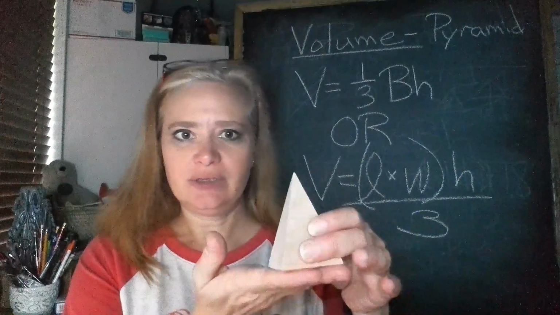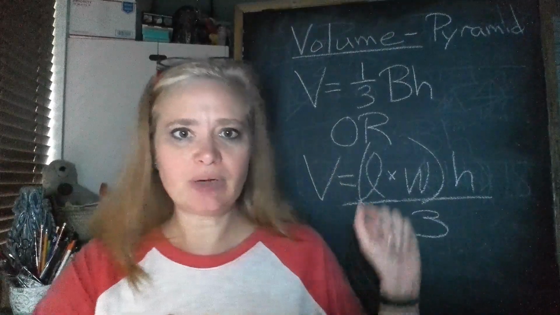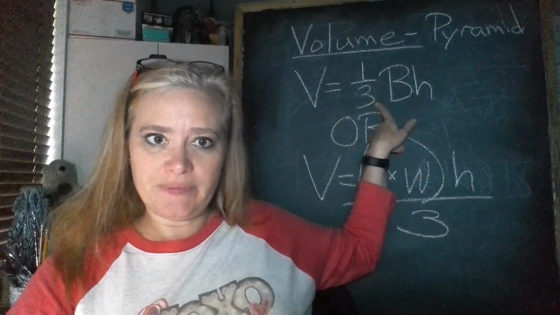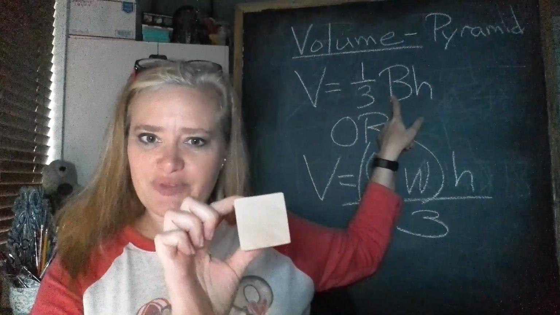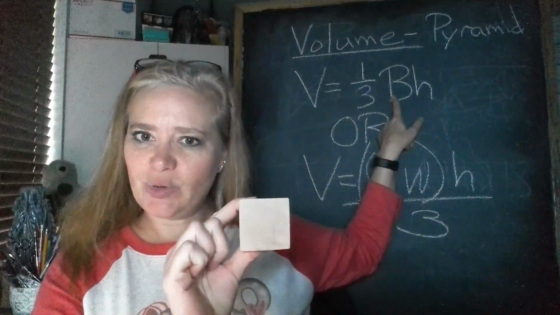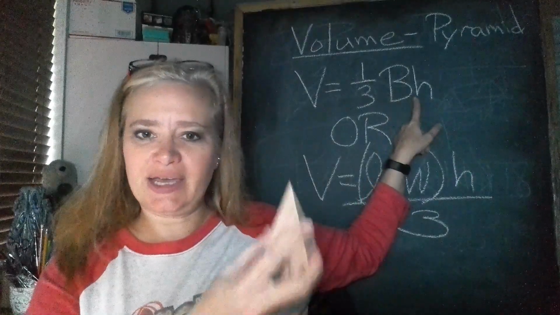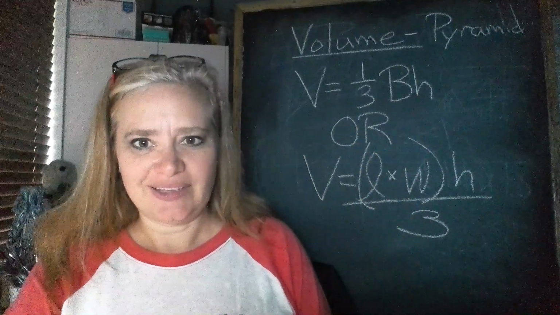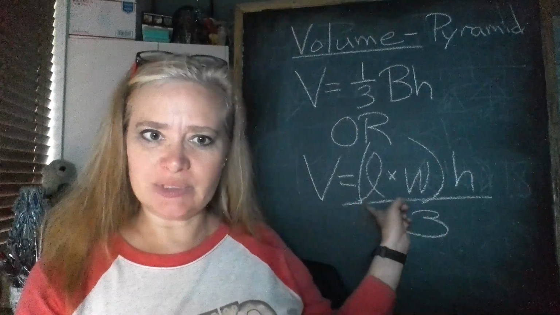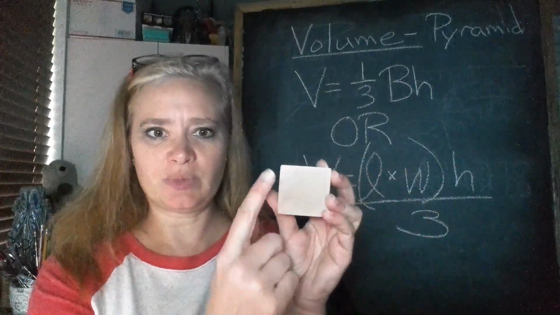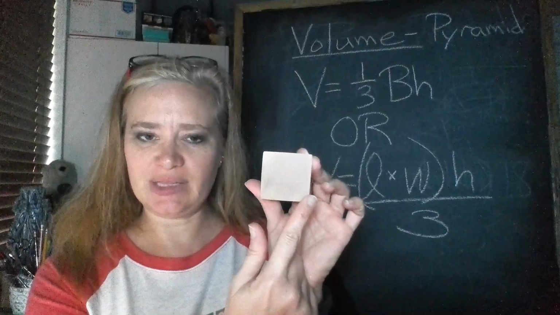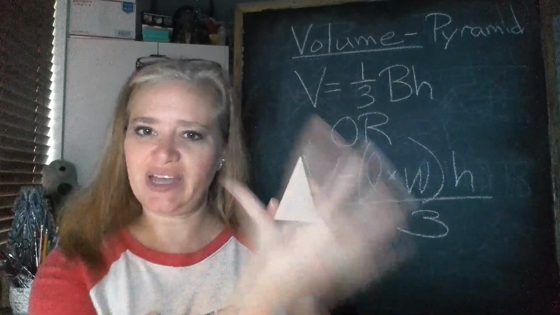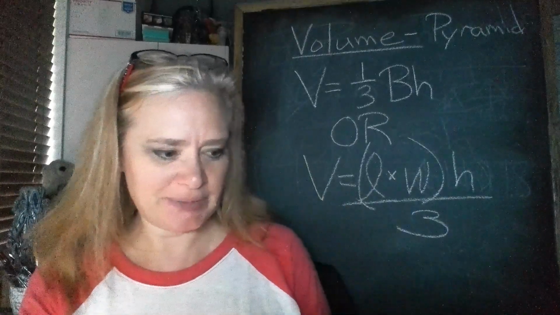So your formula for finding the volume of a square pyramid is volume equals 1/3 times the area of the base, area of the square, times the height of your overall shape. Or in short terms, volume equals length times width, because remember, with your square, it's length times width, times the height of the overall shape, and then you divide that whole math thing by 3.